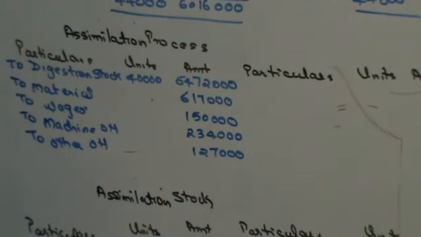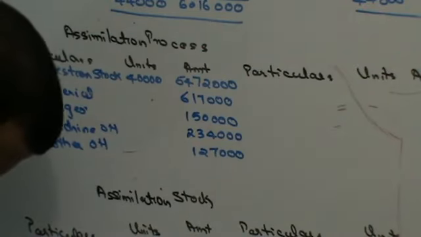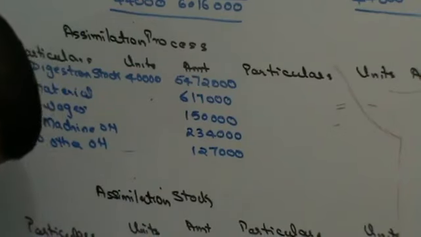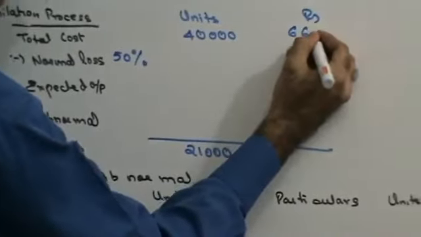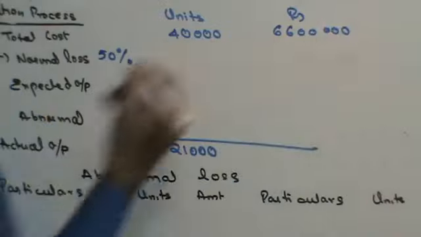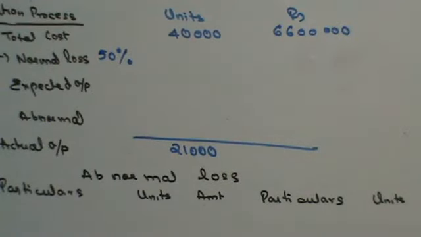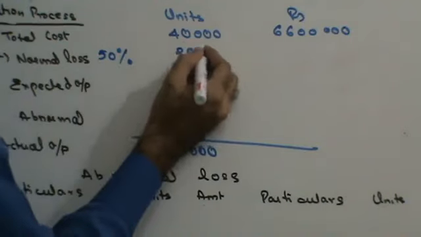Right? Now let's add this. 40,000 will be the number of units, and when you add this, the addition of assimilation will be 66 lakhs. So this is going to be 40,000 units and 66 lakhs. Loss is 50%, right? If your loss is 50%, that means that will be 20,000 units.